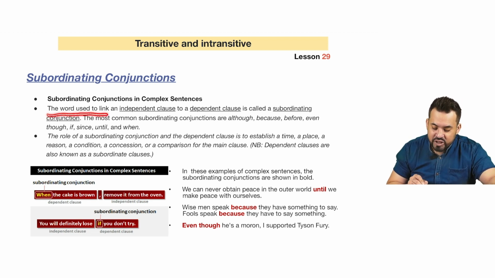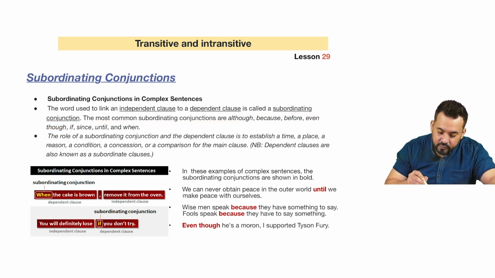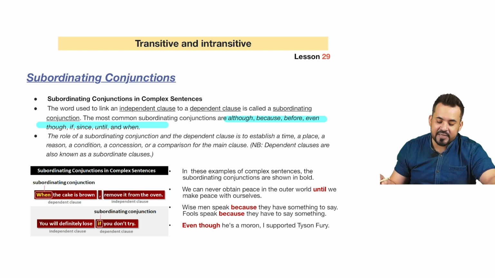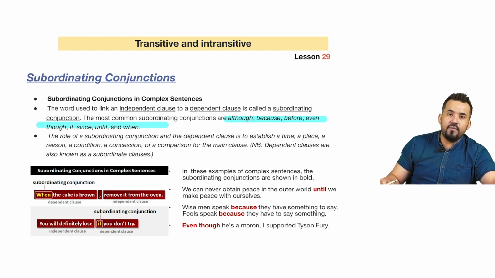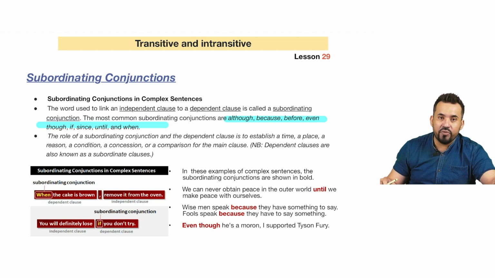The word used to link an independent clause to the dependent clause is called a subordinating conjunction. The most common subordinating conjunctions are these ones: although, because, before, even though, if, since, until, and when. Those are the most common subordinating conjunctions.